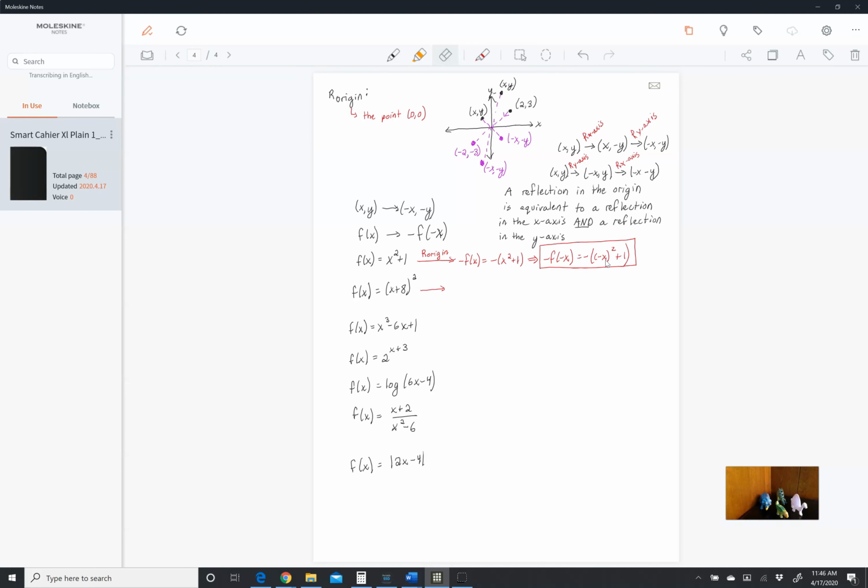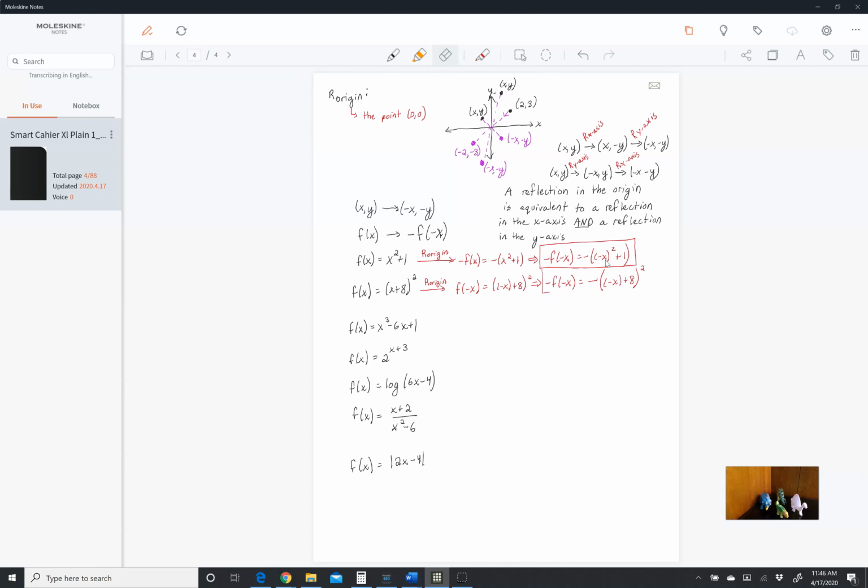This one, if we reflect in the origin, let's do this one differently. Let's do f of negative x first. We get negative x plus 8 squared, and then negative f of negative x is negative of negative x plus 8 squared.